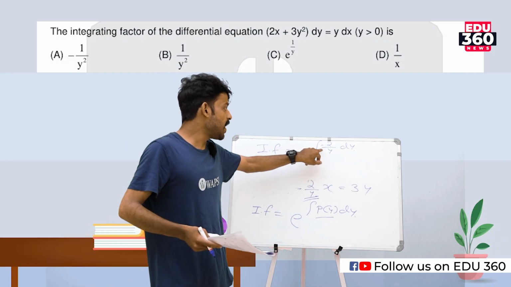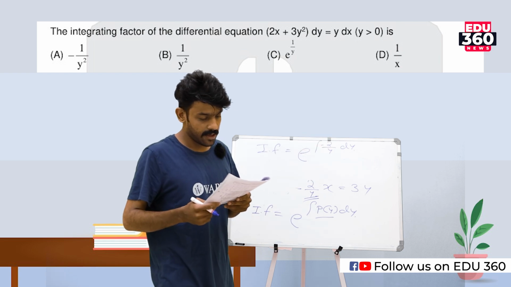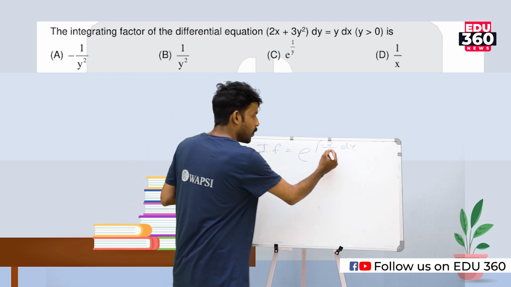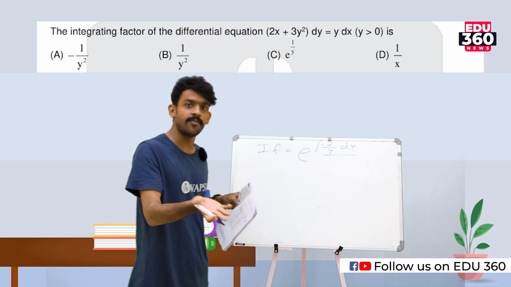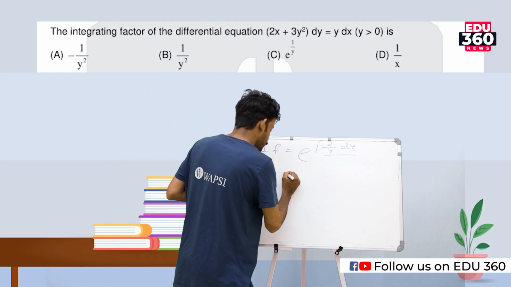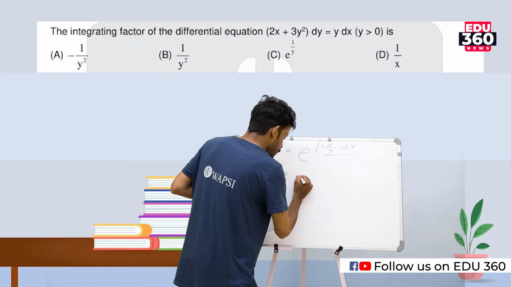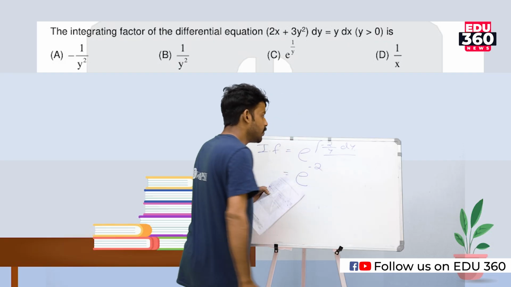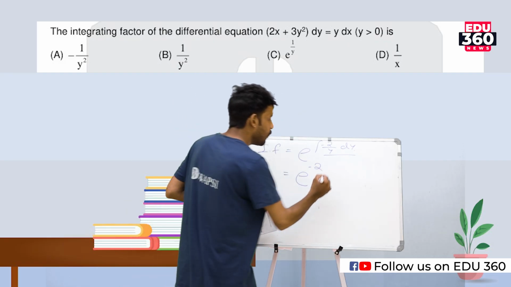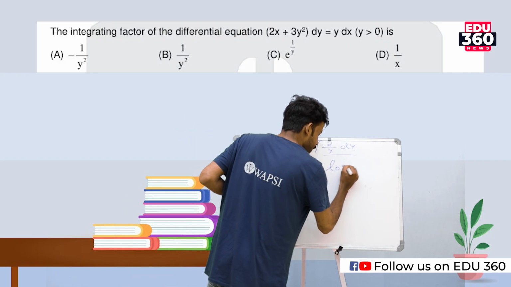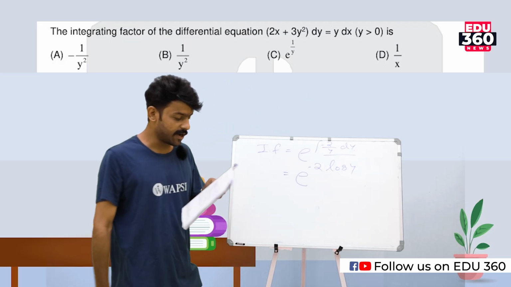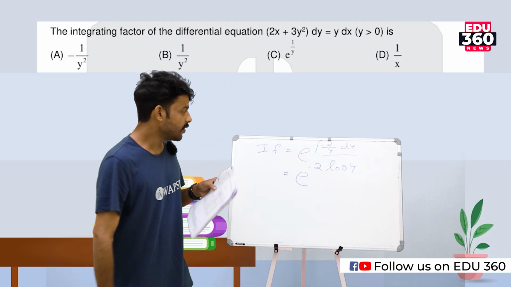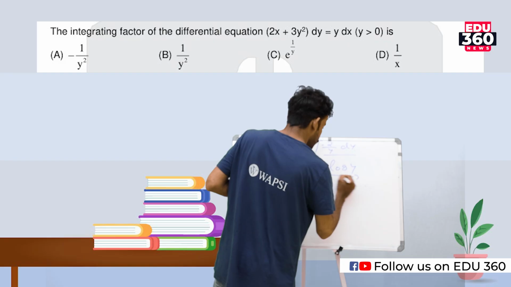Here 2 is a constant, so we can take it outside: -2 times the integral of 1/y dy. The integral of 1/y dy is log y.